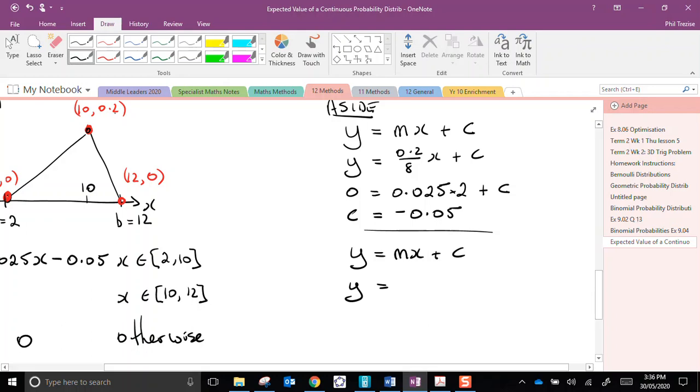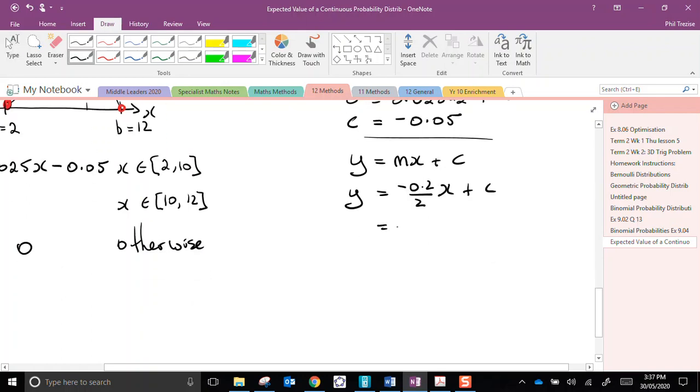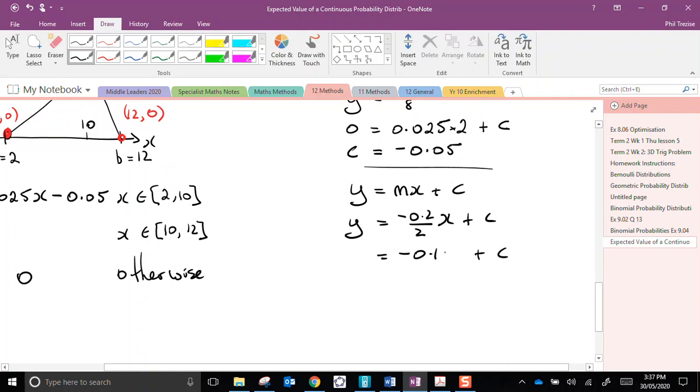So this time we're going 0 subtract 0.2, and it's 12 take 10 would be a horizontal distance of 2. That's negative 0.1. Now I'll use an x value of 12 and a y value of 0. It looks to me like c is positive 1.2 in this case.